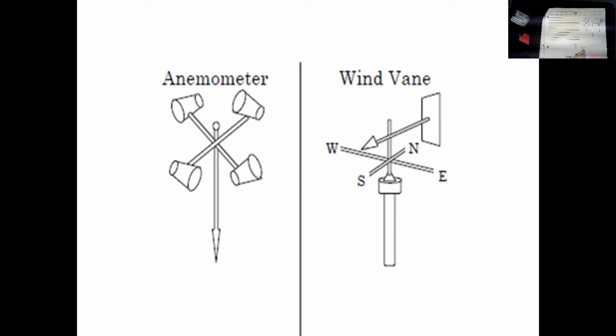What about a wind vane? Which way the wind's blowing. So we need to add that to your picture here. I don't have it on the actual PowerPoint, so let's do wind vane. Shows wind direction.